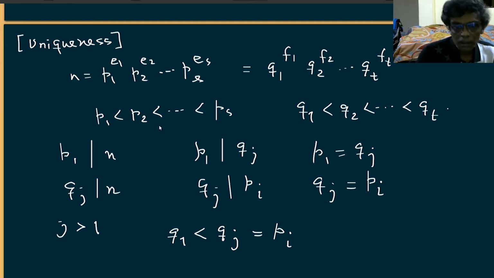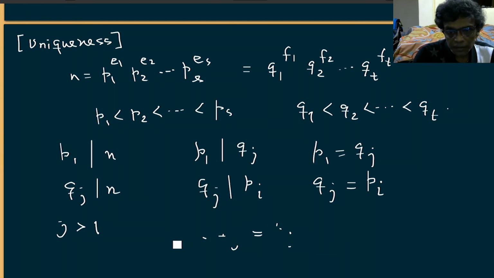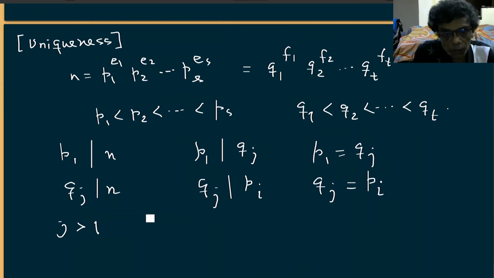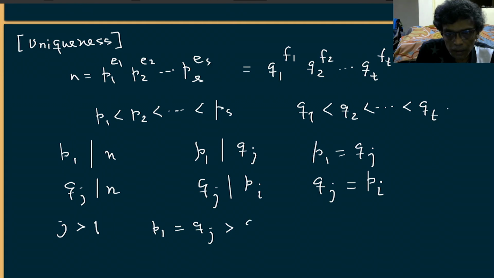Okay, maybe let us see. If I want to proceed like this, how is it? I want to show P1 equal to Qj, which is greater than Q1, which is equal to Pi, greater than or equal to P1.